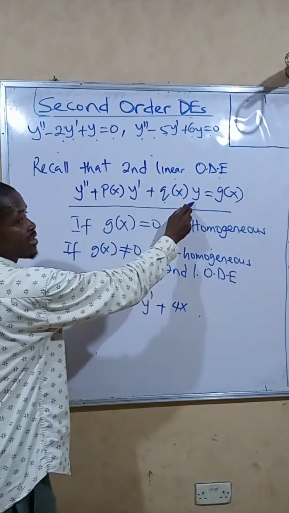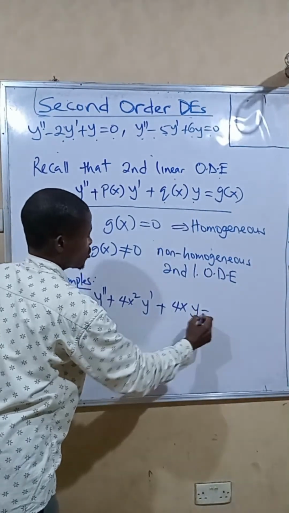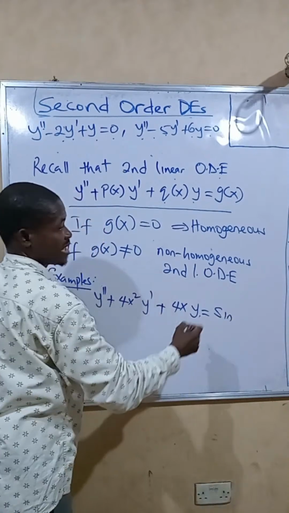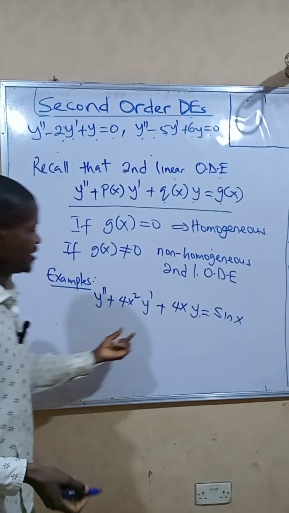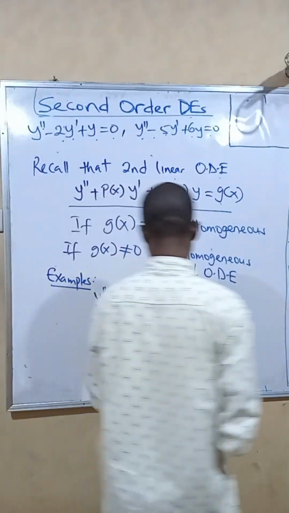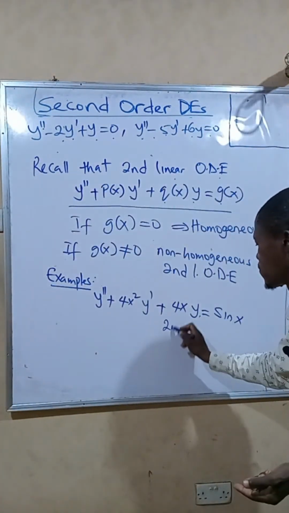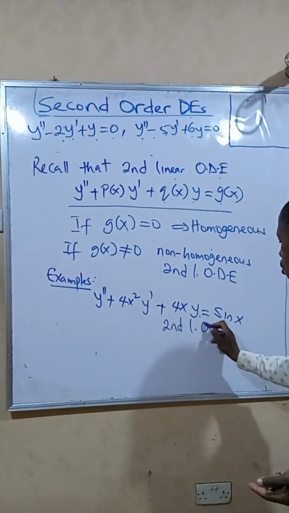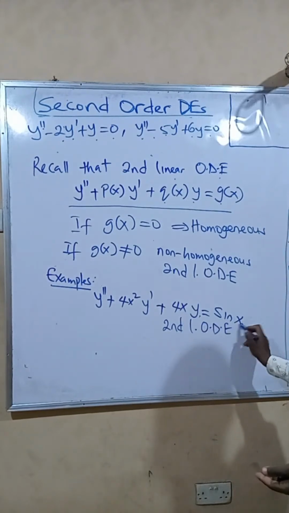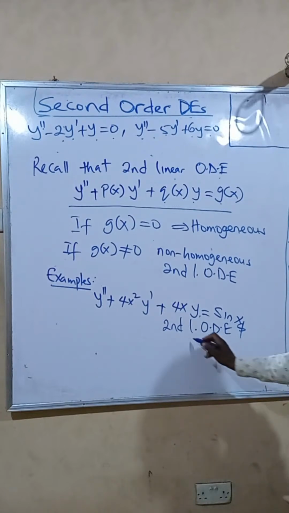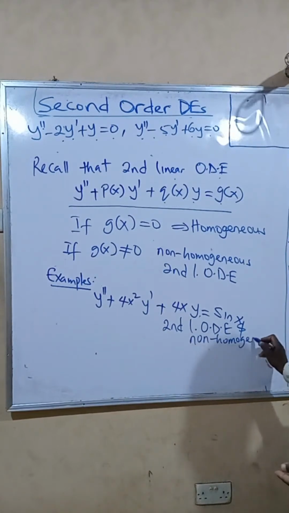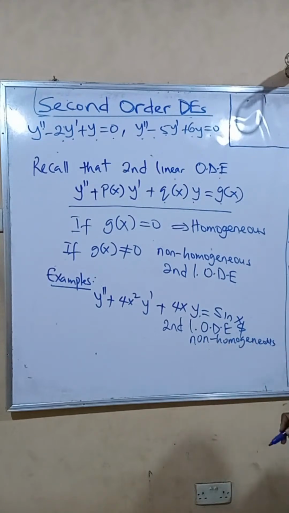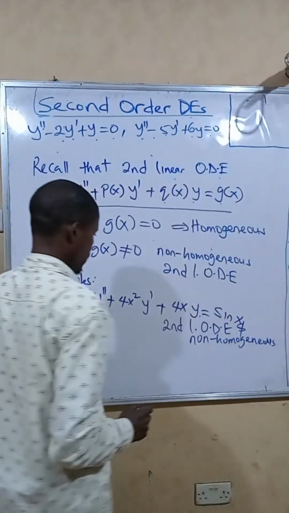Don't forget the y attached to it, equal to sine x. The g of x must be a function of x. So in this case, this is a second order linear ordinary differential equation, and it's non-homogeneous. Let's see another example.